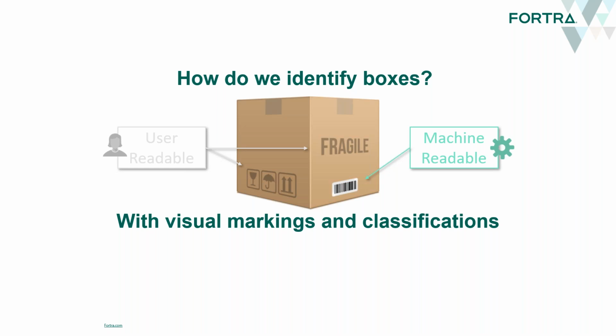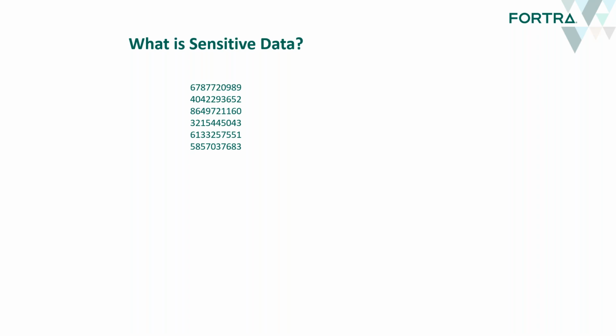If humans aren't handling it and it's going through some automated system, then it reads the machine readable components for the visual markings and for the classification. So now we've given identity to that data, and now that we know what that identity is, we know how to protect it, and that could include how sensitive that content is. Maybe it's fragile or things like that. So there's your analogy of thinking of data as boxes.